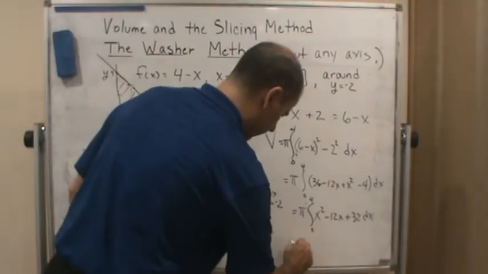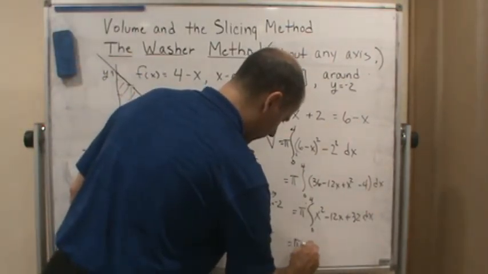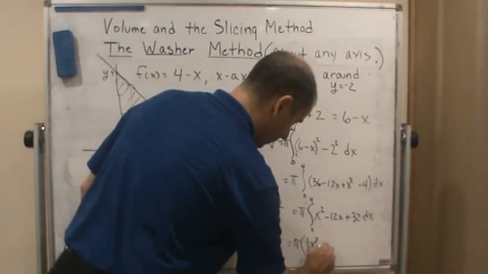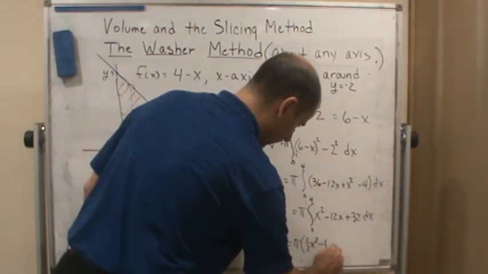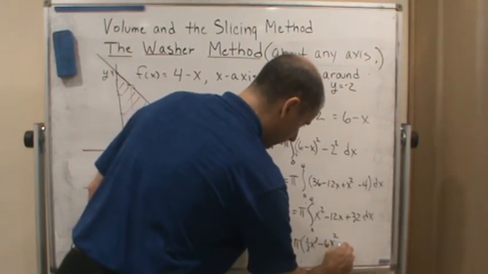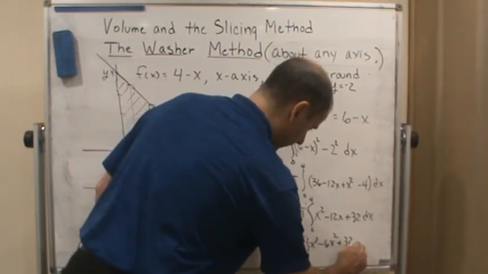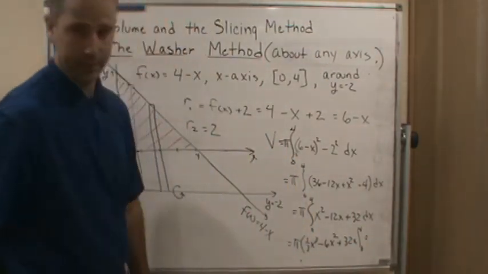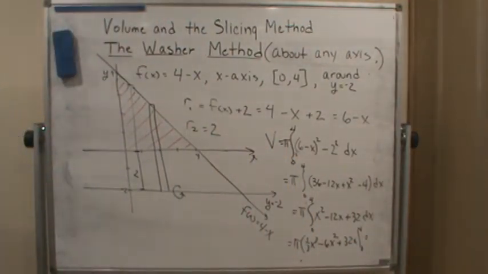If I integrate this, I get pi times 1/3 x cubed minus 6x squared plus 32x, evaluated from 0 to 4. When you simplify that, you're going to get 160 pi over 3.